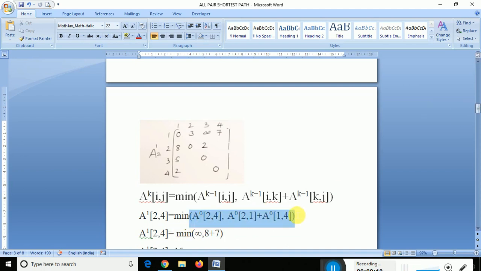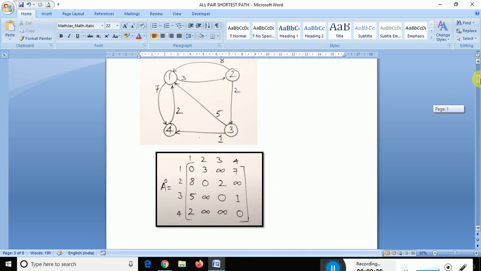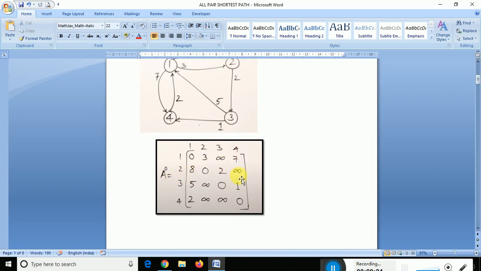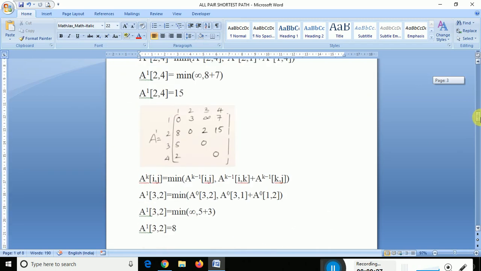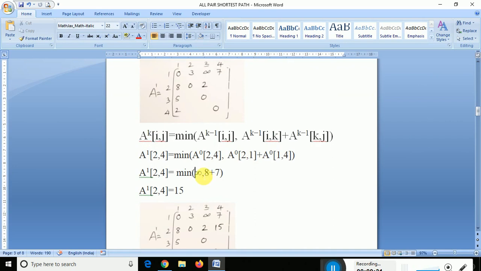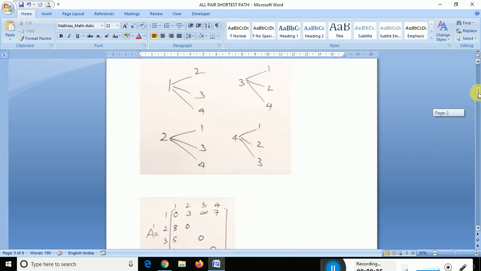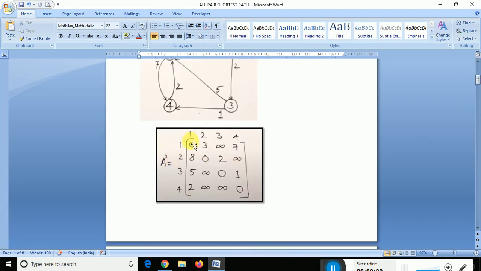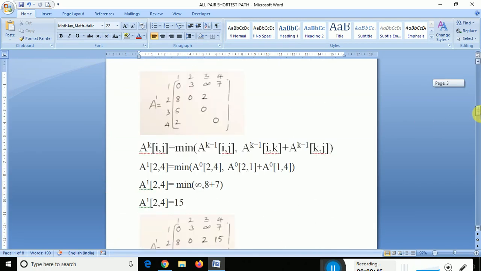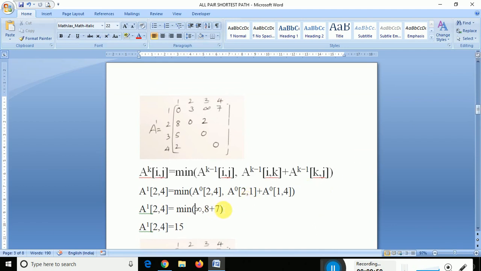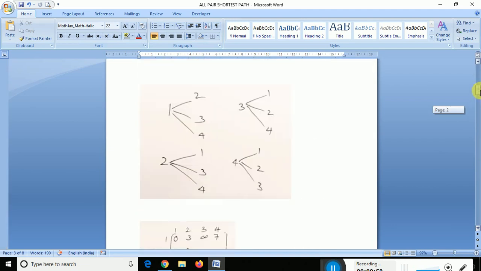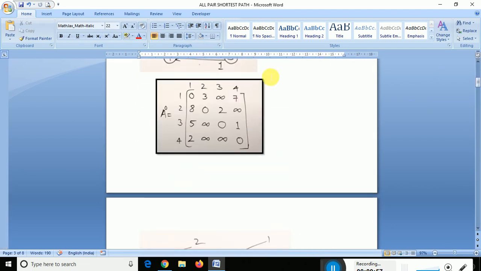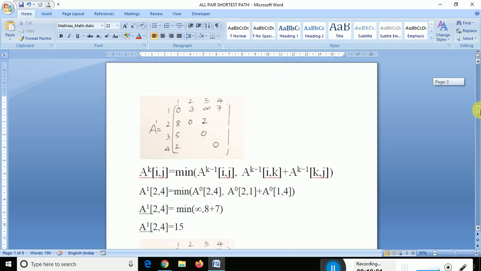So we have to see the a naught matrix and we'll get the answer here. a naught 2 comma 4, second row fourth column, is infinity. a naught 2 comma 1, second row first column value, is 8, plus first row fourth column value, which is 7. 8 plus 7 is 15.